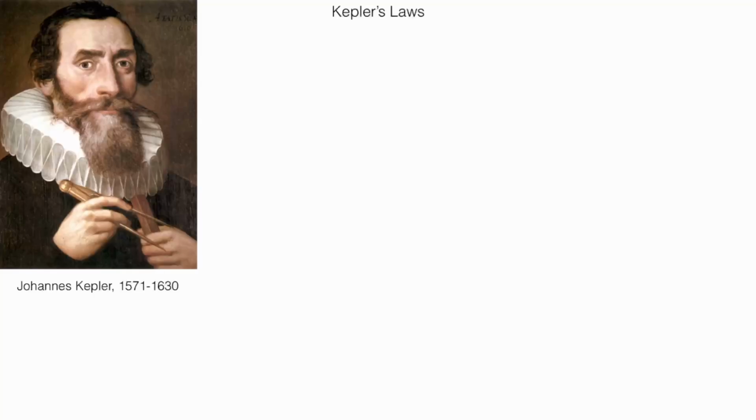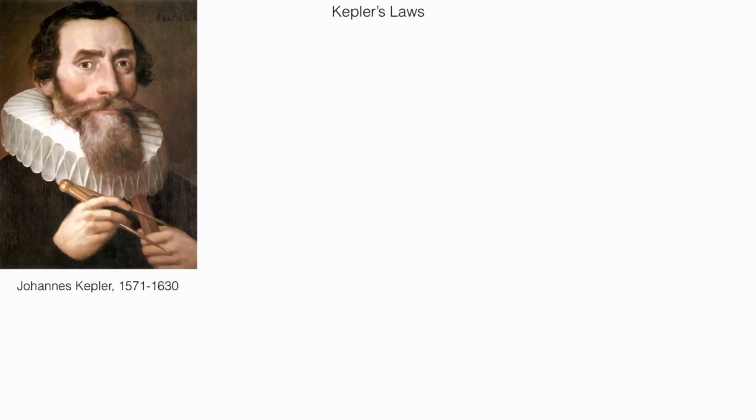All right. Why are we talking about old dead guys and Kepler's laws? Before Newton, Johannes Kepler developed three statements about orbits, about planetary and orbital mechanics. So this is pre-Newton.